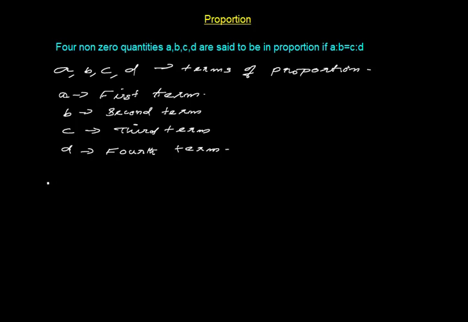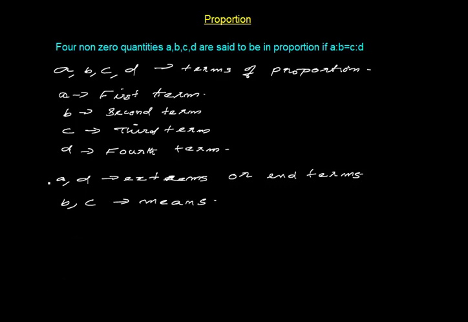A and D are called extremes, or end terms. B and C are called means.